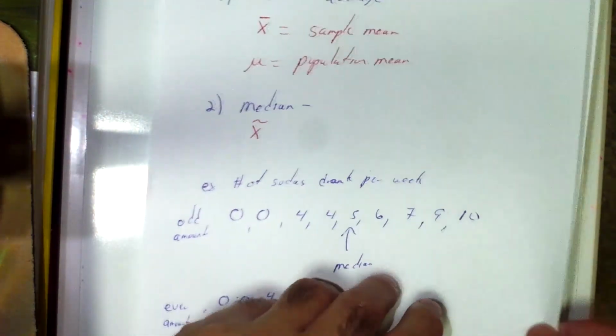Next one is called the mode. Okay, so the mode, that's the third one. Let's look at the definition of mode.